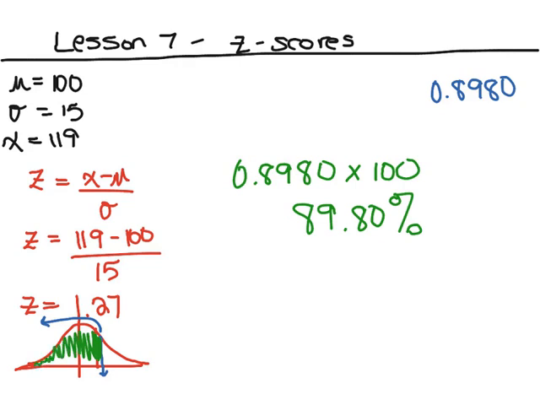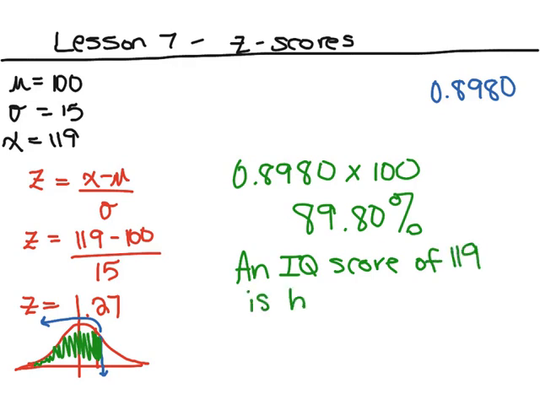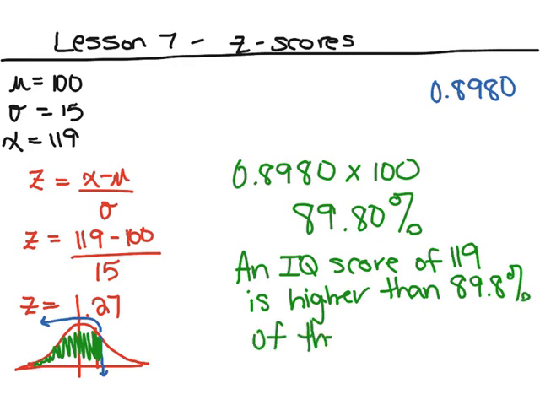What that really means is that an IQ score of 119 is higher than 89.8% of the general population.